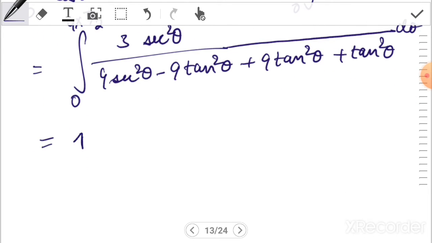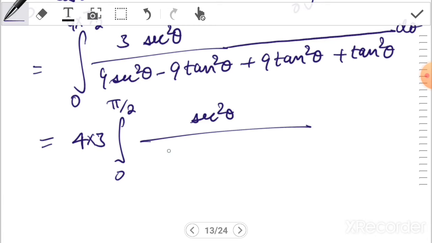Now 4 can be taken outside, 0 to pi by 2, and you can take 3 out. 4 into 3 sec square theta by 9 plus 10 tan square theta.